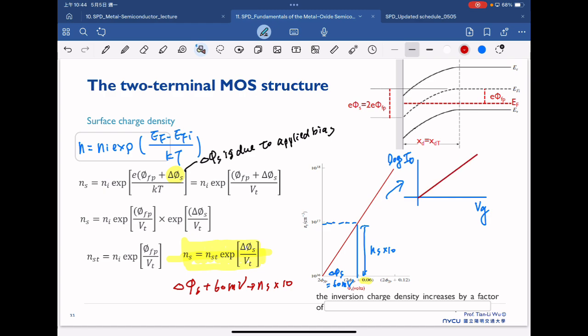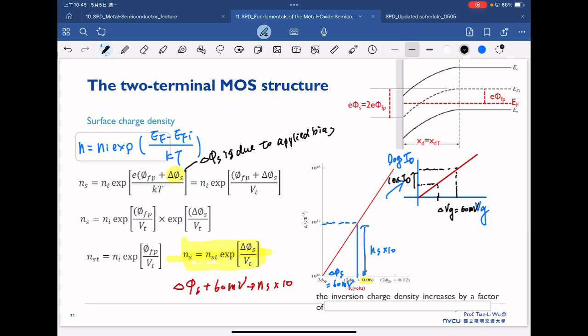The increase of 60 millivolt in the gate voltage, this delta VG of 60 millivolt, will cause the current to increase 10 times here.